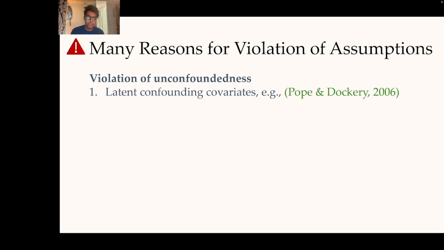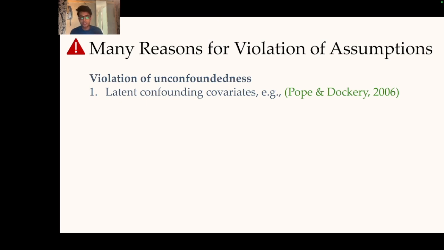As I've been hinting, if there is some covariate that affects the outcomes of the individual as well as their decision to take up the treatment or not, then this variable can cause unconfoundedness to be violated, or it can cause certain confounding between the outcome and the treatment decision.